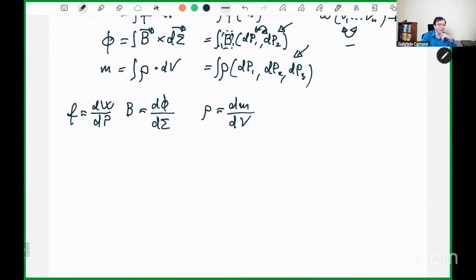And the interesting part is going to be when you do things like these, right? Volumes are nice because there is only one way to shrink the volume: you take the three coordinates and shrink them down. With surfaces, at a point you have very many options, even if you just look at the planes, right? You have many planes, so many different ways of doing the variation.